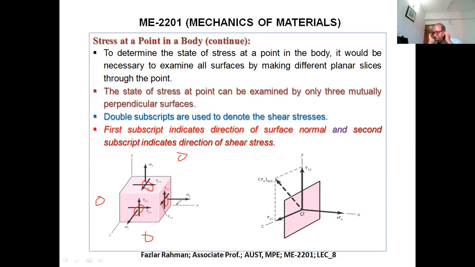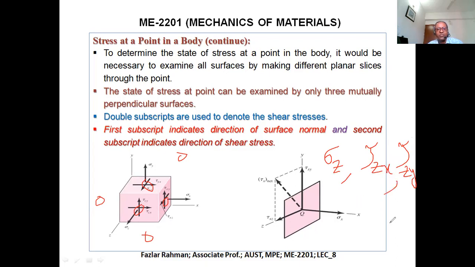Now, for the subscripts they use, how do they use them? Like this one, sigma z. Then for sigma z, there will be tau z, tau z. Except sigma z already works along the z axis. What are the other two axes? X and y. So you put over here x, over here y, comma.